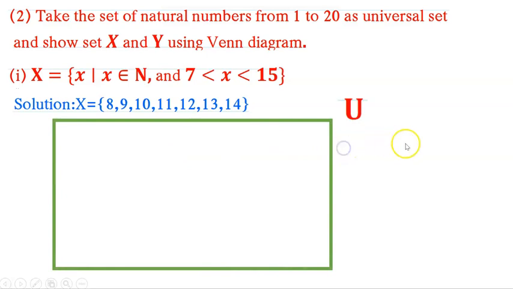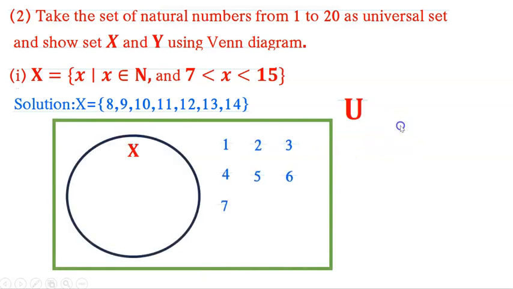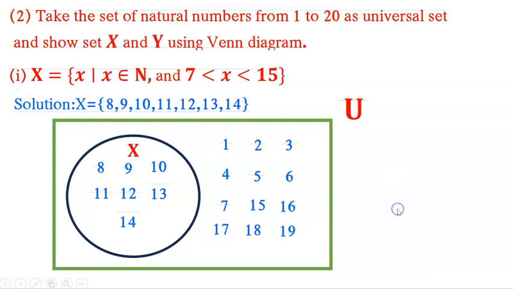Now see this, the Venn diagram U and these are the elements in X. X मध्ये कोणकोणते आहेत: 8 9 10 11 12 13 14. And the next is the elements of this U again.